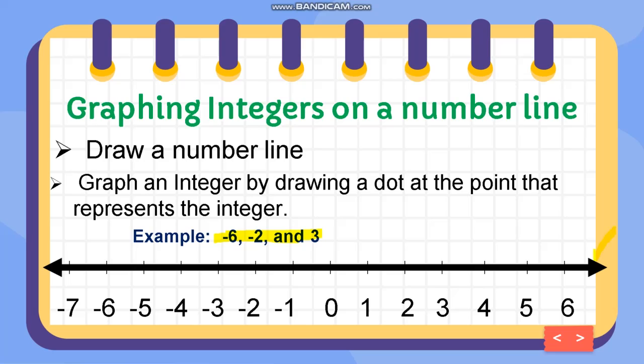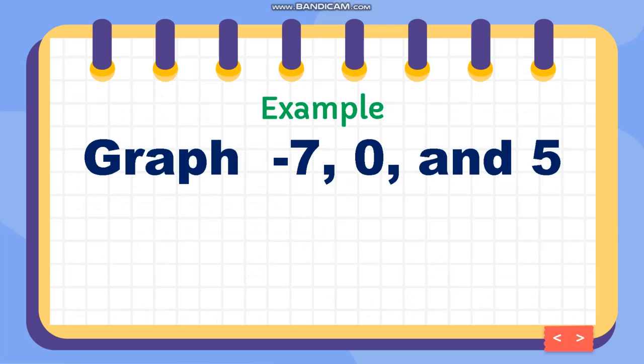So I'm going to plot -6. -6 is here, so I'm going to use a dot. Another is -2, and the other one is +3. Now, let's graph -7, 0, and +5.